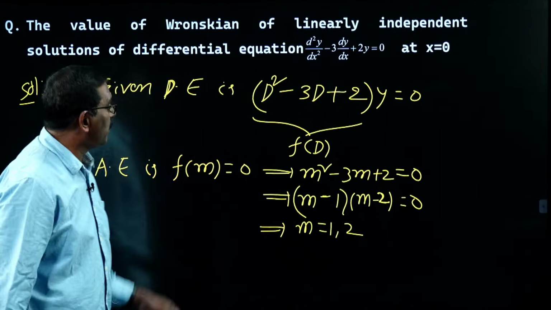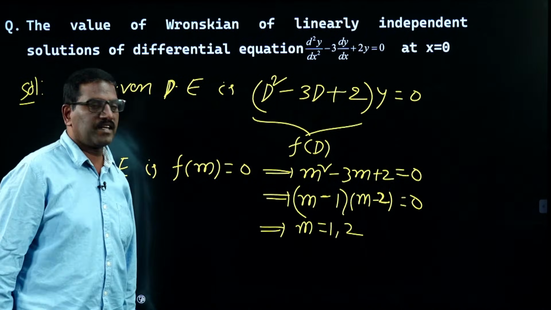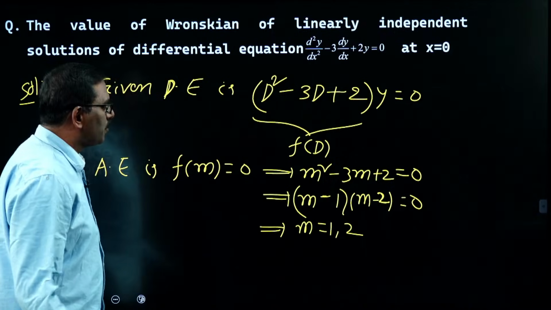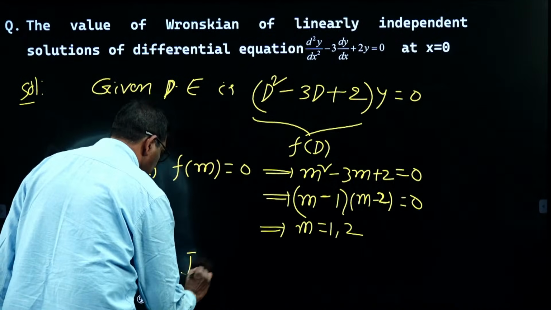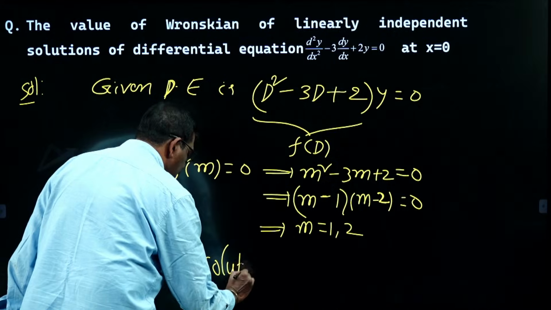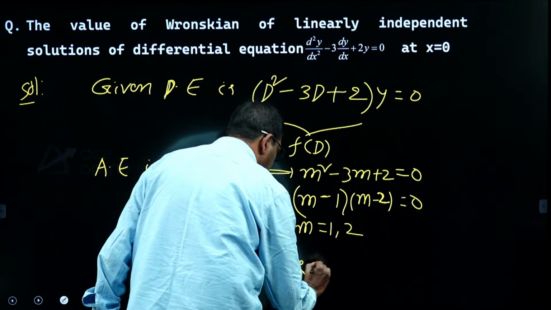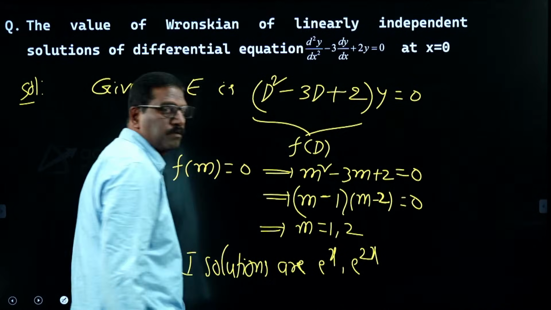These are the roots of the auxiliary equation, because it is a second order DE, we will get two roots. Here both roots are real and distinct. If the roots are real and distinct, what are the linearly independent solutions? Linearly independent solutions are, one is e power x, second one is e power 2x.